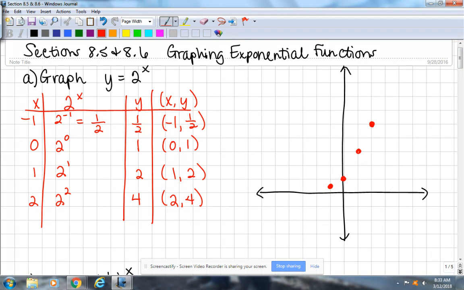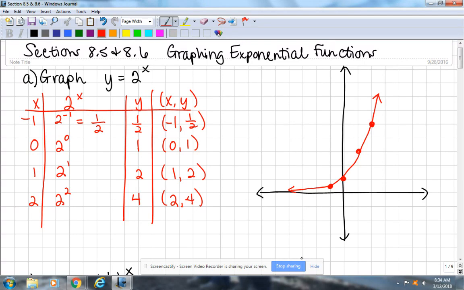And when you draw your curve, you're not going to cross the x-axis. And make sure you put arrows on it. Mine's crooked at the bottom of my curve. But that's what the equation y equals 2 to the x power looks like on a graph.